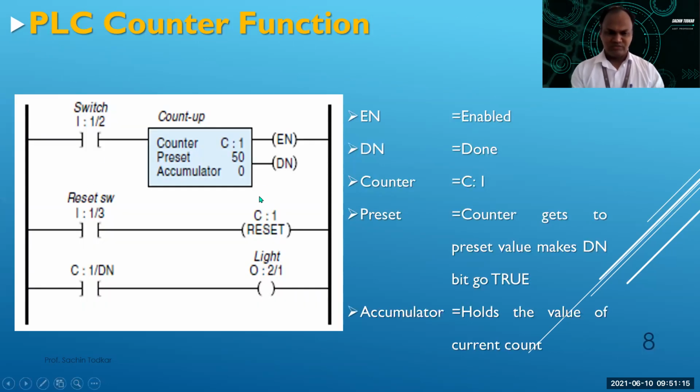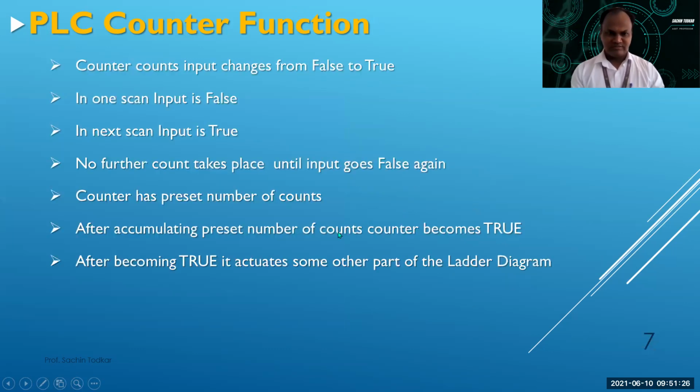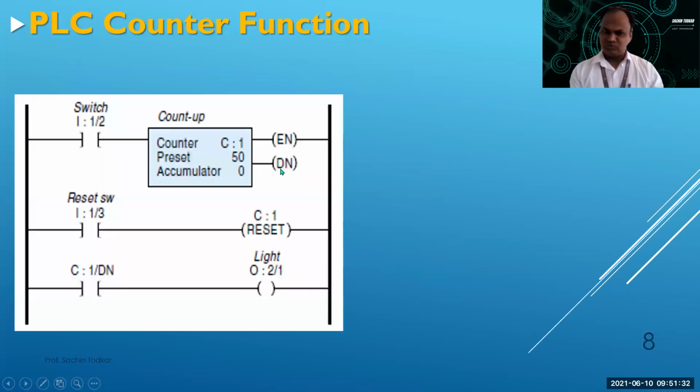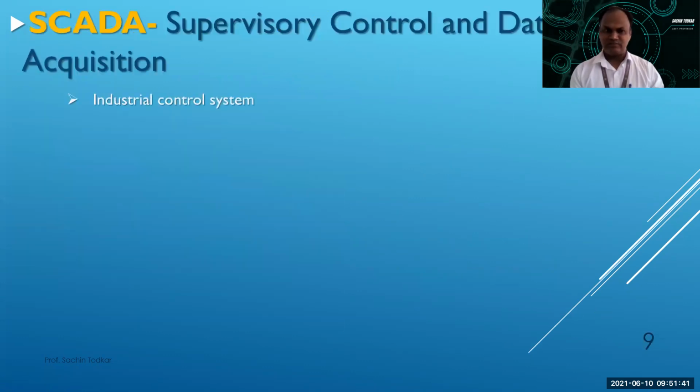Okay, with the help of this diagram, you can find out how the timer or counter will be acting. So counter, as in last slide we have written here, in one scan input is false, in next scan it is true. So with the help of that, you can do counting with the help of this diagram. We'll see in examples also.